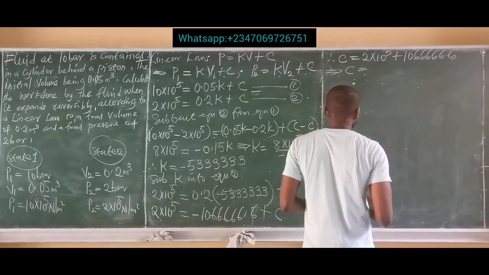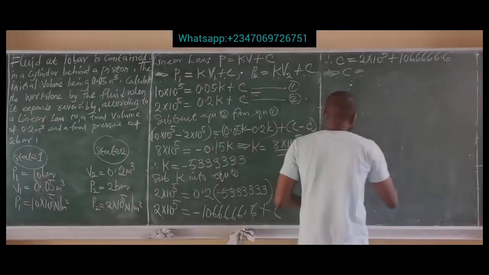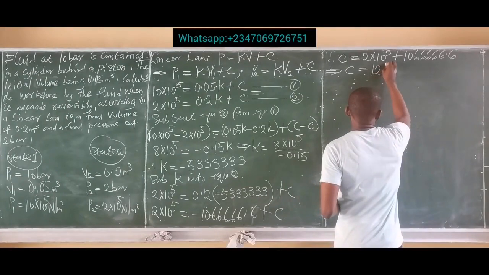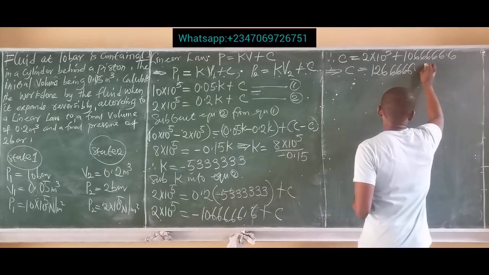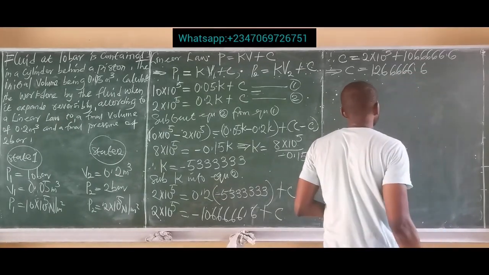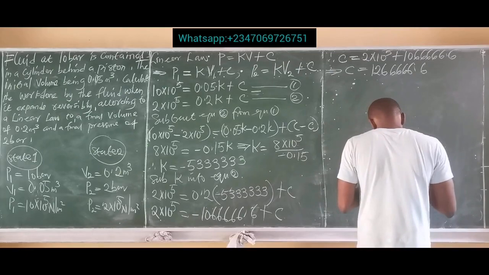So we simply add that value to 2 by 10 to the power of 5, and that gives us 126,666.6. You have to be very careful with these calculations.